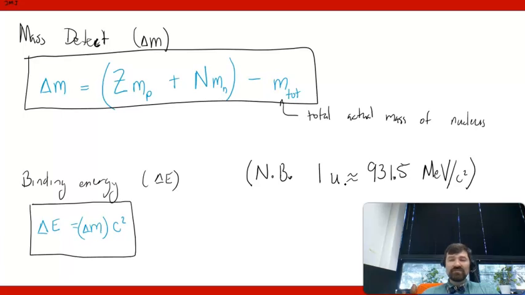So if I have a mass defect of 1 atomic mass unit, they're not usually that high, then I have a binding energy of 931.5 MeV over c squared times c squared. That means my binding energy is 931.5 mega electron volts. Okay, and so that's how we get to the binding energy.